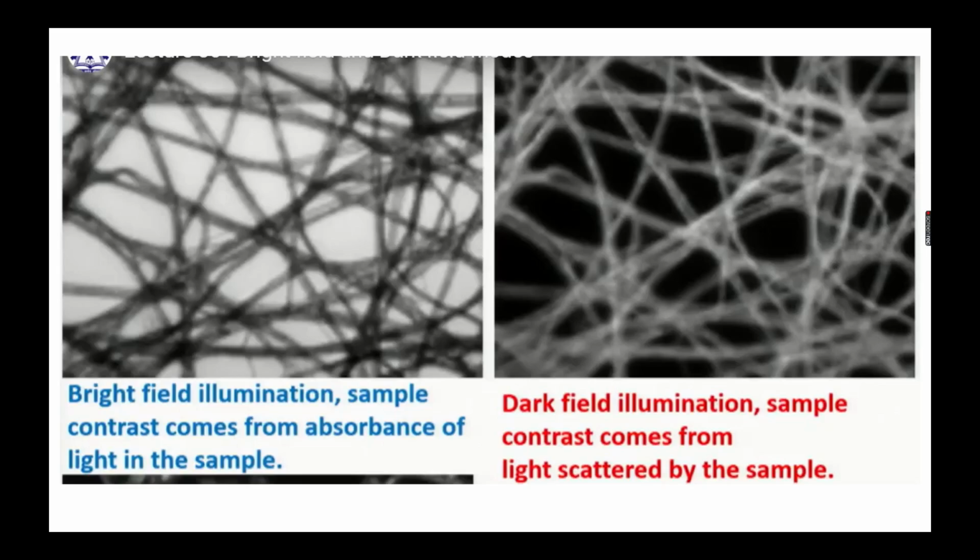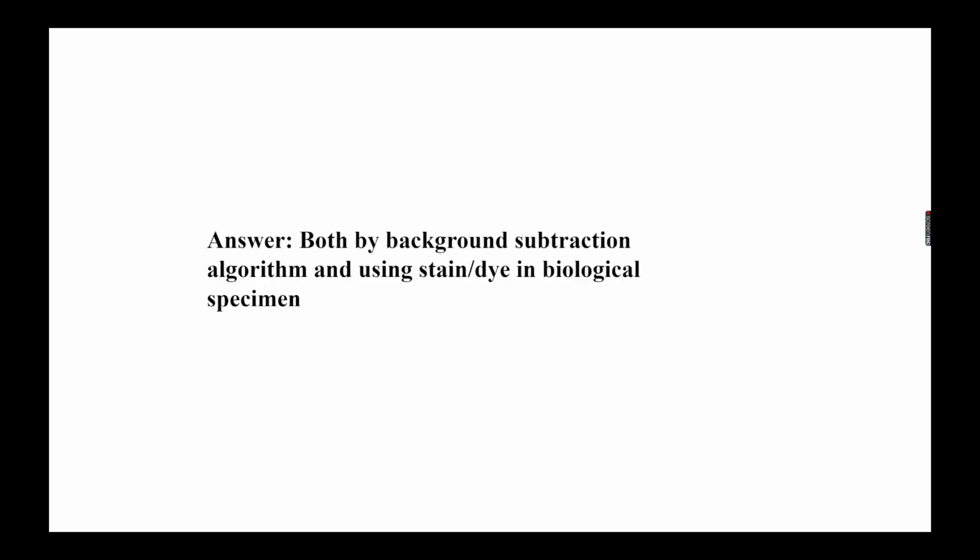This is especially applicable for biological samples. For other samples, such as metallic samples, you can reduce the background intensity. But if you are working with biological samples and your cells or tissue allow you to apply a stain or dye, then that would give a better contrast image. So yeah, the option is C.